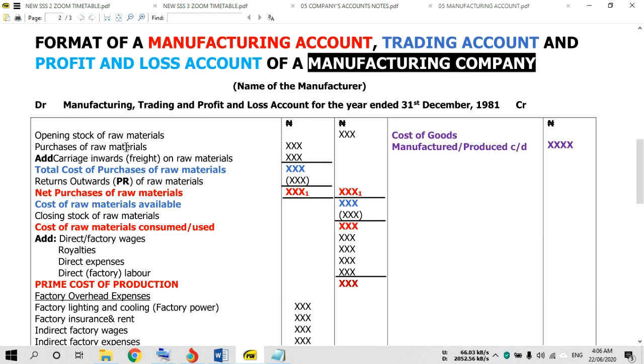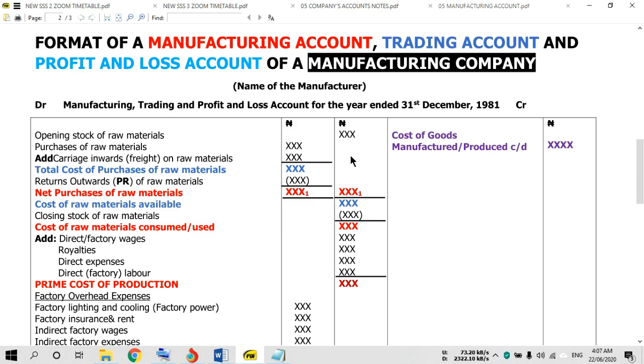Then the next one is the purchases of raw materials. Now look at this very well. If you don't have carriage inwards on raw materials, and you are given only the purchases of raw materials, that means this amount of purchases will come under the opening stock of raw materials, and they will be added together.